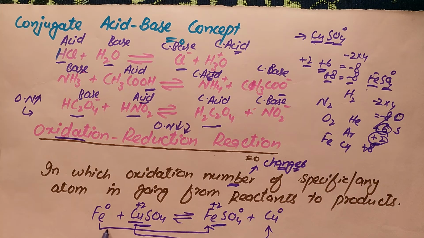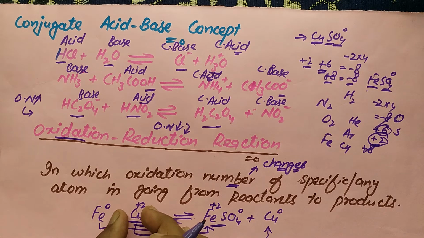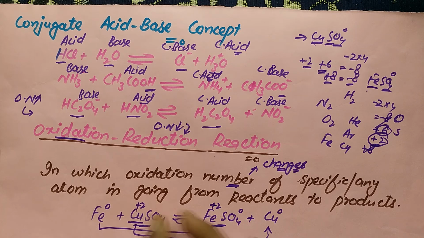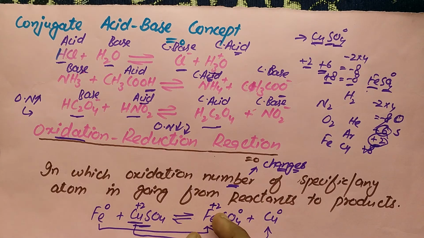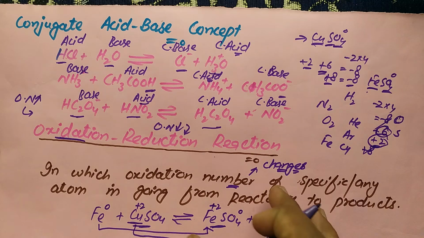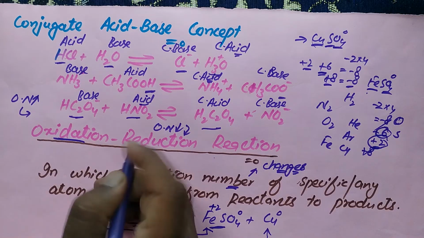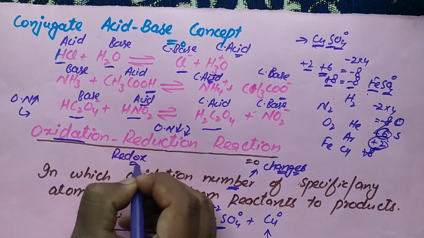So Fe is going through oxidation because its oxidation number increases from 0 to positive 2, and Cu is going to reduce because its oxidation number decreases from positive 2 to 0. So in the same reaction two processes are occurring. Fe undergoes oxidation and Cu undergoes reduction. So oxidation and reduction occur in the same reaction, and this reaction is also called a redox reaction.